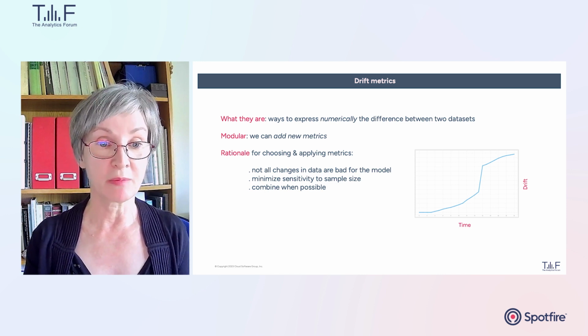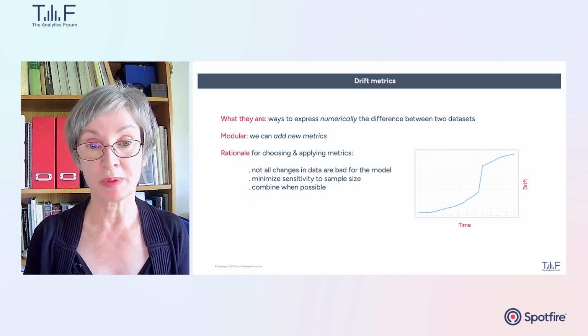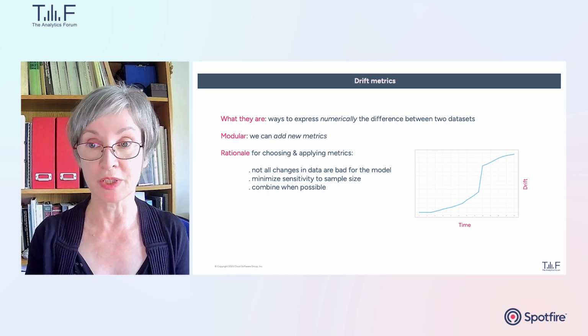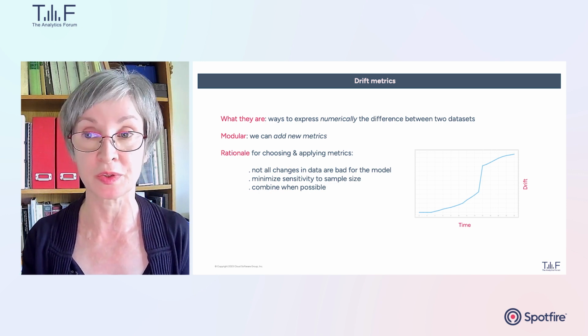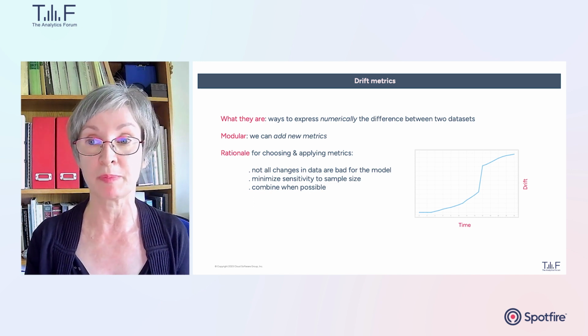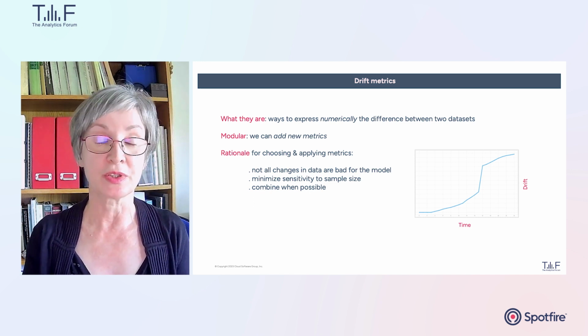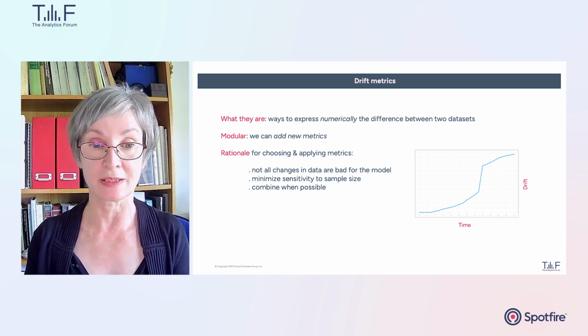We also want to minimize the sensitivity to the size of the sample, but we need to keep in mind that there has to be some kind of reasonable minimal sample size because this is statistical information, for instance, about data distributions. And we want to combine the metrics whenever possible, for instance, metrics that apply to a single variable or metrics that apply to the data set as a whole.